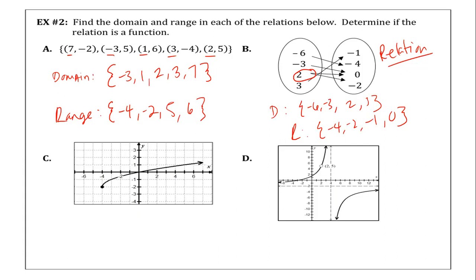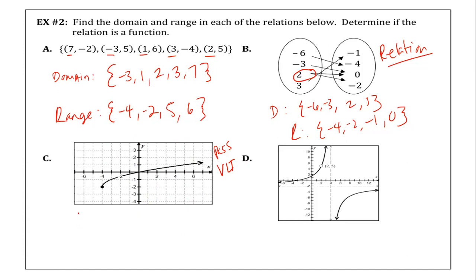All right, C, is it a function? Yes. And why is it a function? It is a function because it passes the vertical line test, the VLT. I can go vertically up and down, and I only hit 1 point at a time. Yes? Cool. All right.